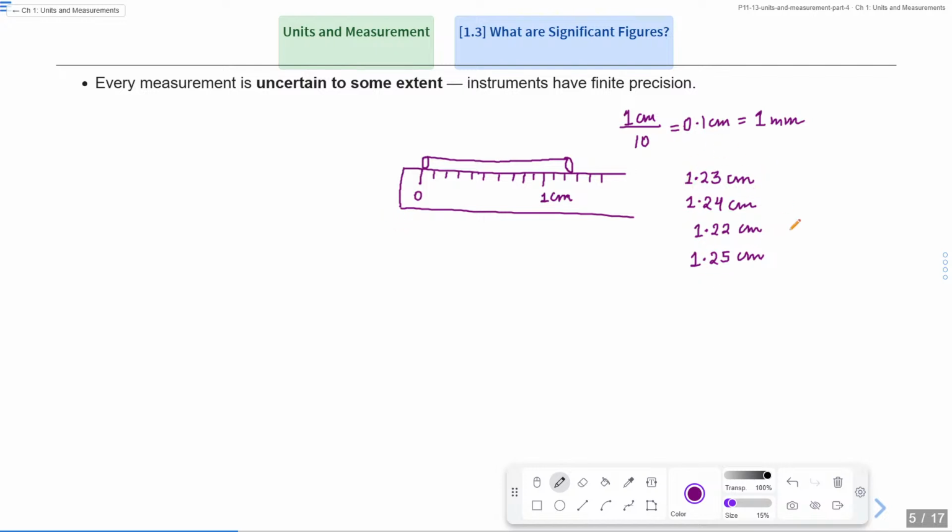So why are they writing different readings? Because that last digit is uncertain. It is not certain because this meter scale can measure up to 0.1 centimeter accurately. It cannot measure beyond that.